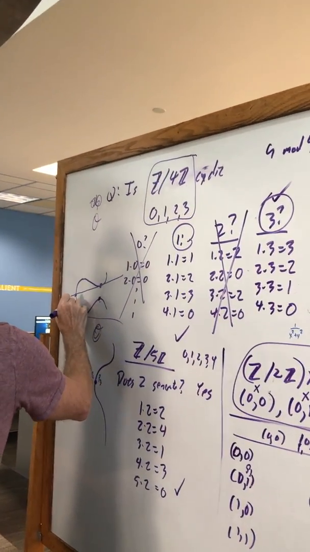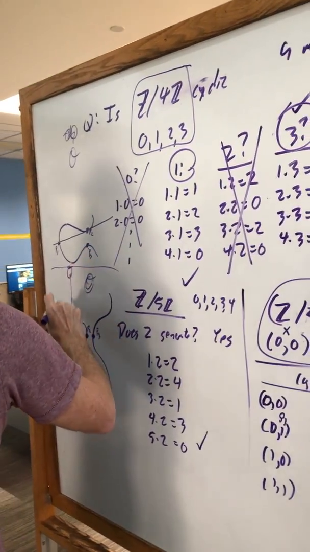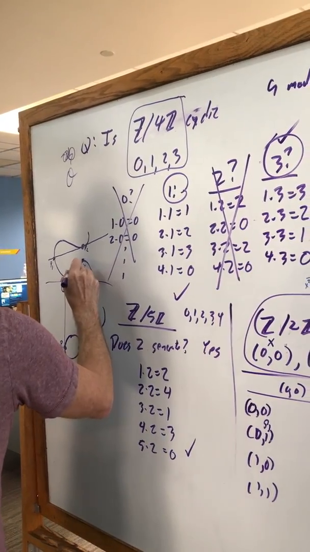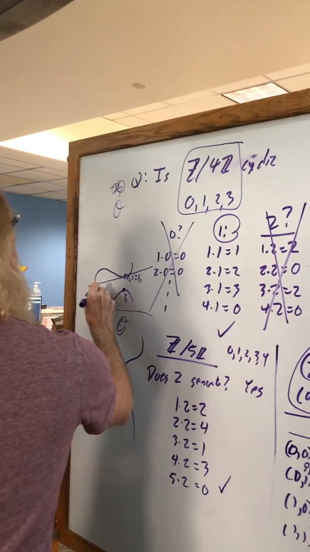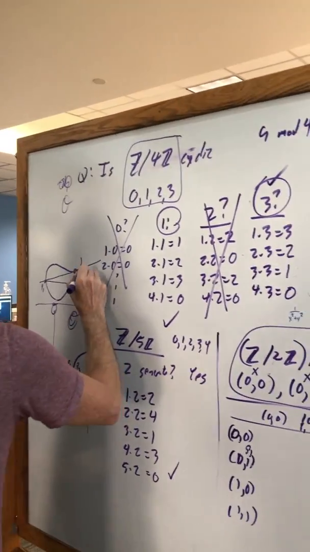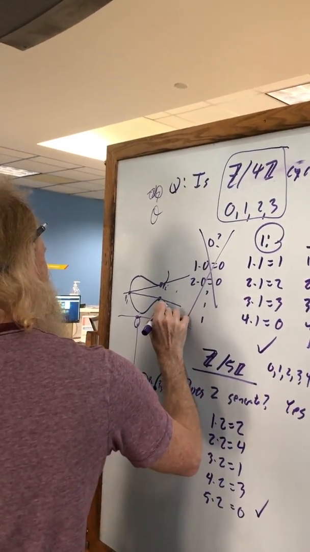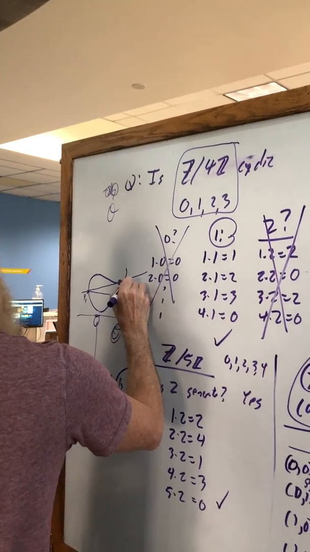So P1 plus P2 is P3. This is 2P1. P1 plus P3 is this guy reflected up here. This one plus this one will be 3P1.